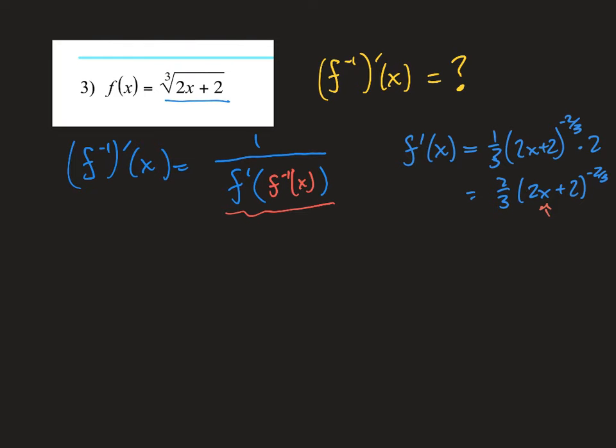So now we go ahead and find the inverse function. I'll do that in red. The inverse function is going to be x equals the cube root of 2y plus 2. I'm going to solve for y, and I'll end up with x cubed equals 2y plus 2, so y equals x cubed minus 2 over 2.